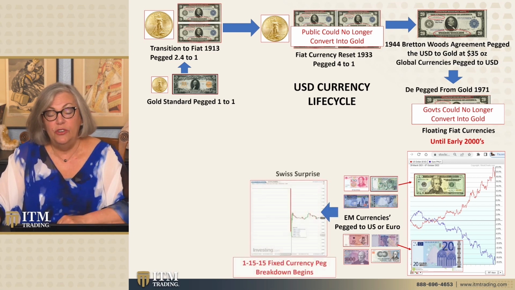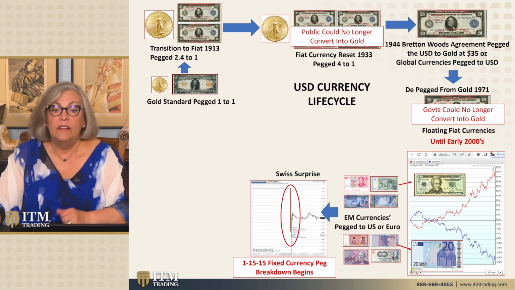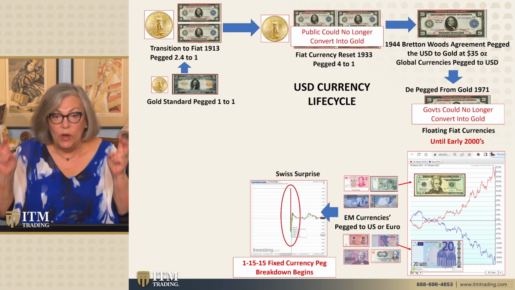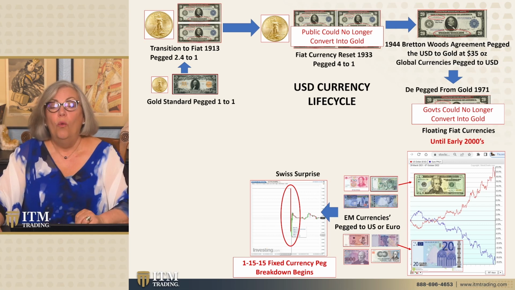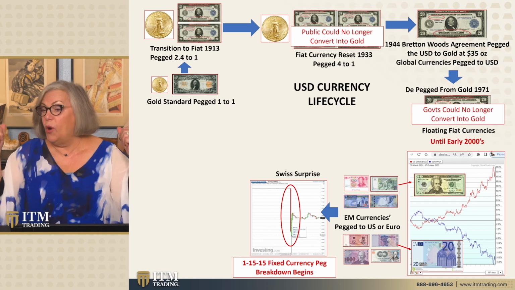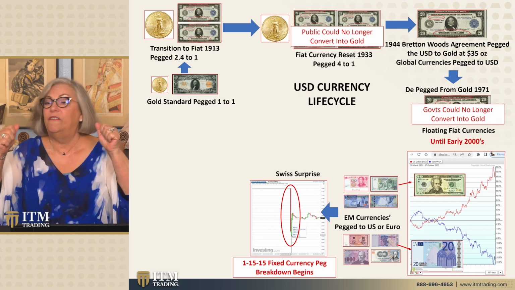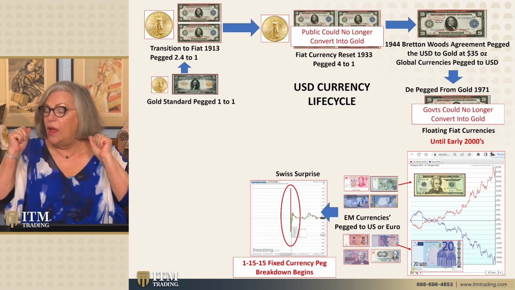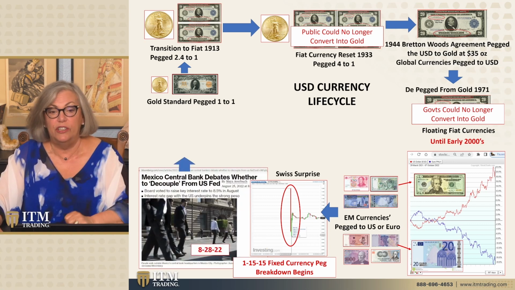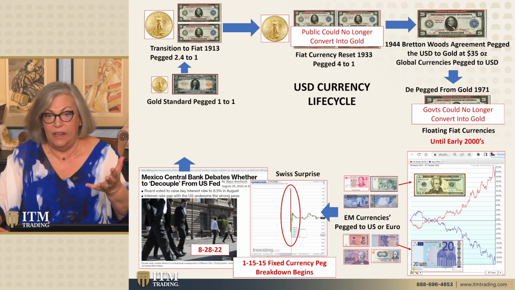Well, in 2015, things started to break down. Pegs started to break down with the Swiss surprise, where they were pegged to the euro, and they kept promising that it was the most important peg. They were going to remain on that peg, and then all of a sudden they didn't. We're going to talk a little bit more about that in a little bit.